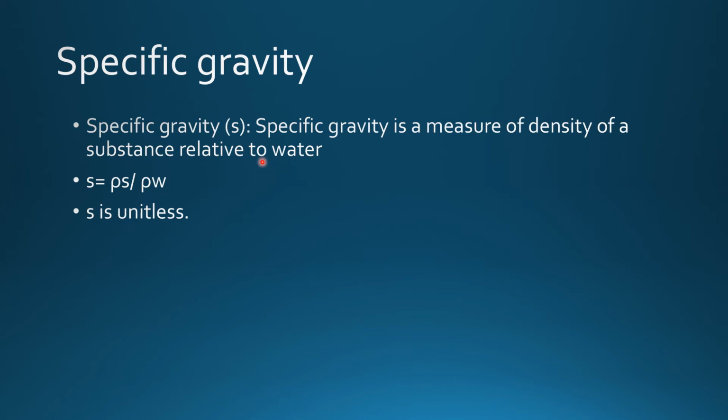So we know the density of water is 1000 kilograms per meter cube. Then if we divide the density of a substance by that of water, we get the relative density. And because this specific gravity is density divided by density, the specific gravity is unitless.